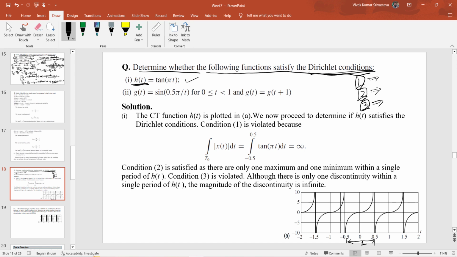But once you check whether the signal is integrable over its time period, integrating the signal over its time period, you will get infinity.